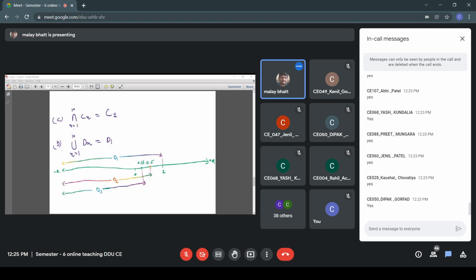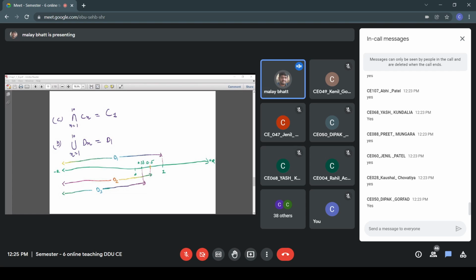Here, n is equal to 1 to 10, and I am doing a union for the Dn set. So it will be D1 union D2 union D3 up to union D10. The union of all these sets will be the D1 set.